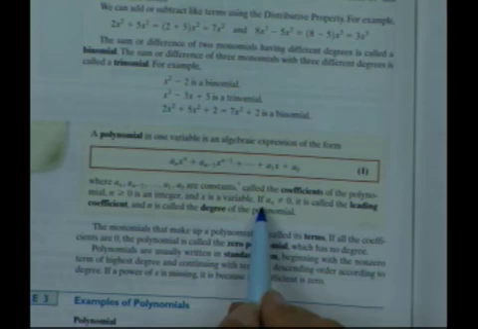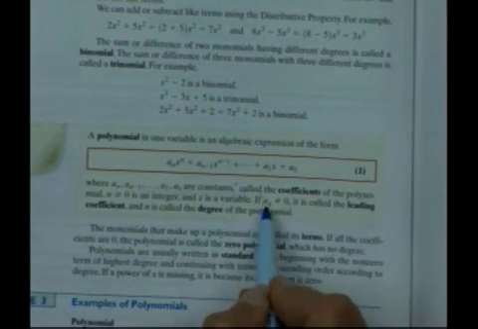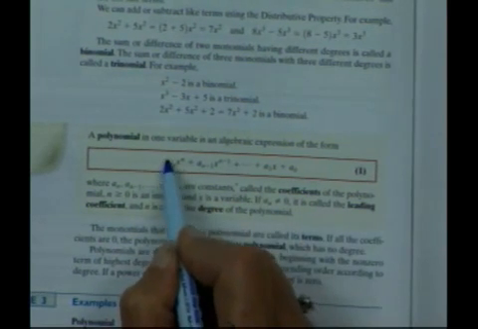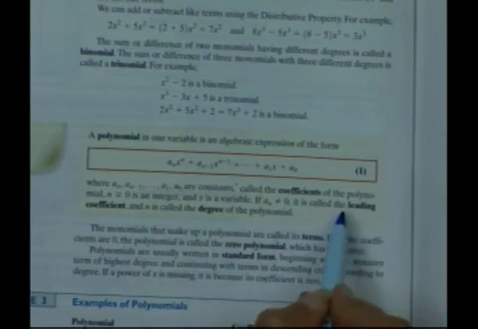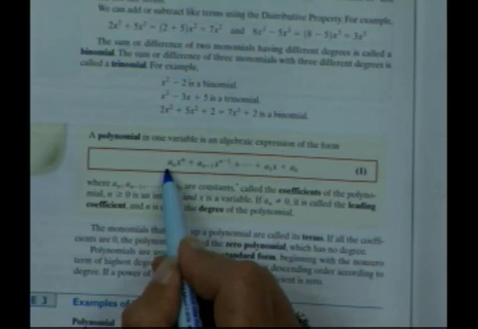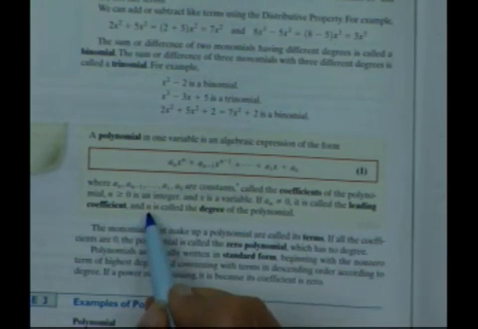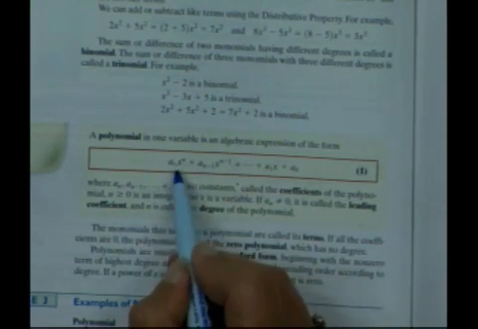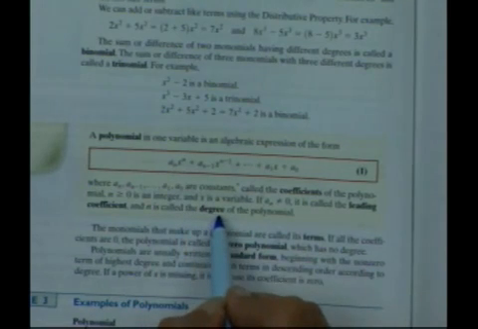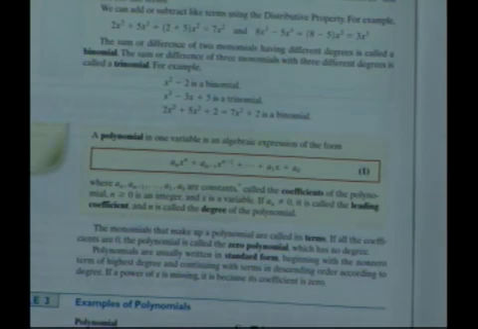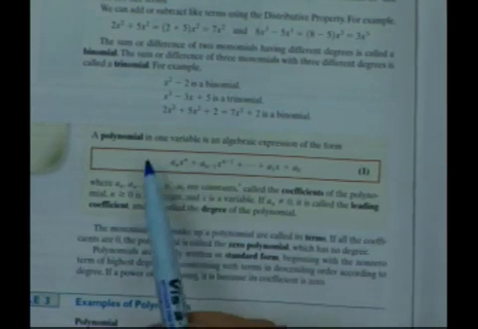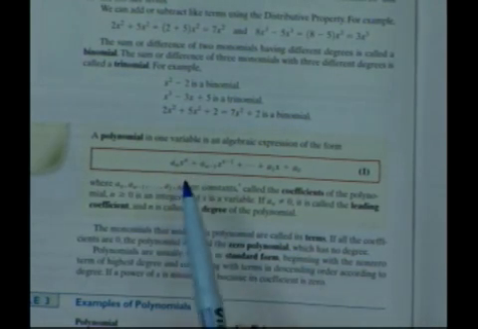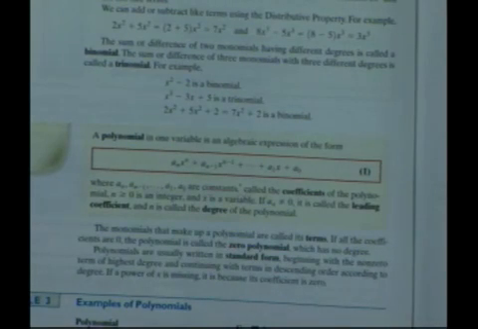X is the variable. If a sub n, that first number right here, is not equal to 0, we call that the leading coefficient. And the n of that term is called the degree of the polynomial. A polynomial expression doesn't have an equals sign in it, so it's not an equation.